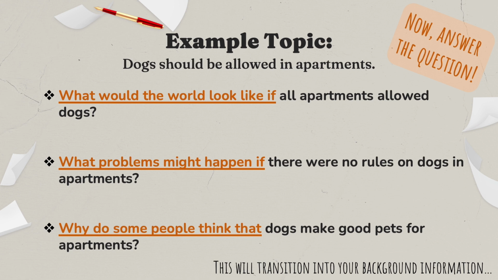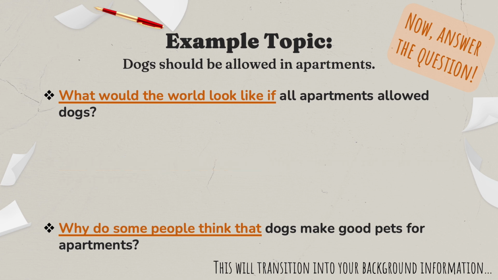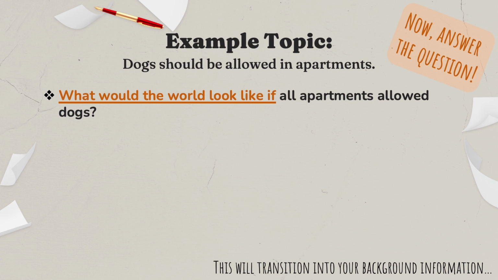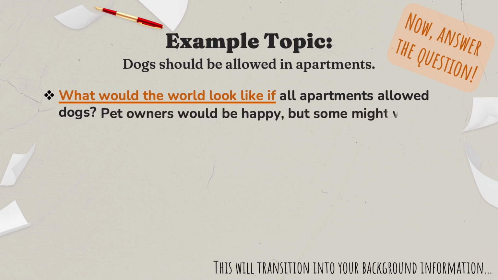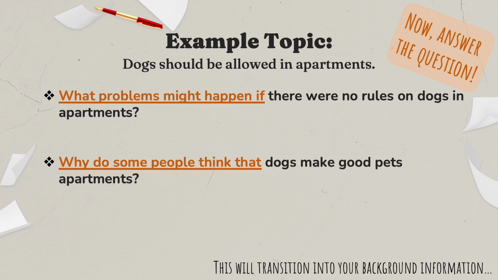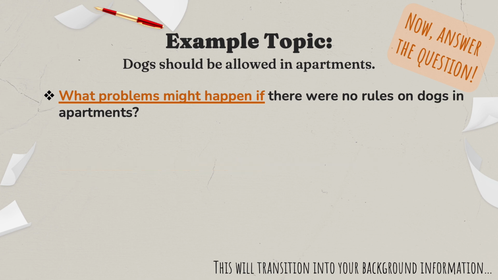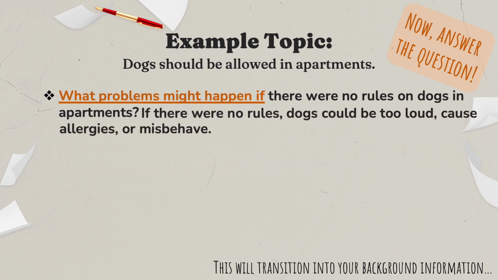Let's see how you can answer these questions. For the first question, you can say, pet owners would be happy, but some might worry about noise and mess. For our next question, you could say, if there were no rules, dogs would be too loud, cause allergies, or misbehave.